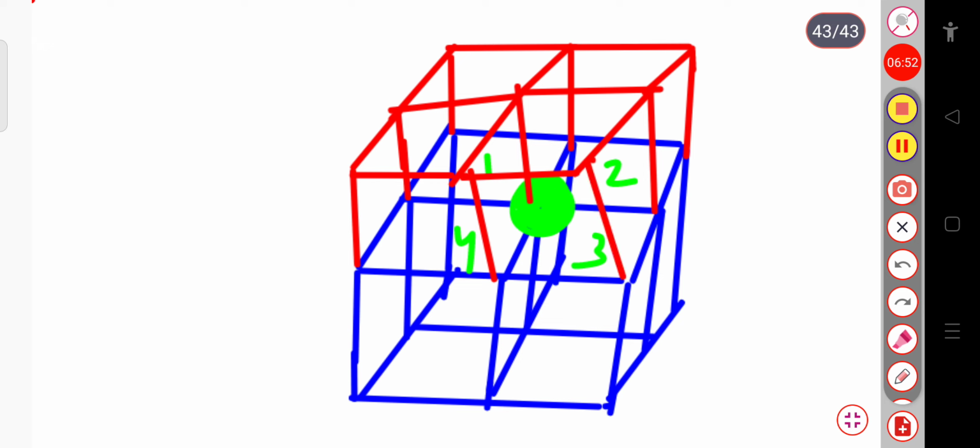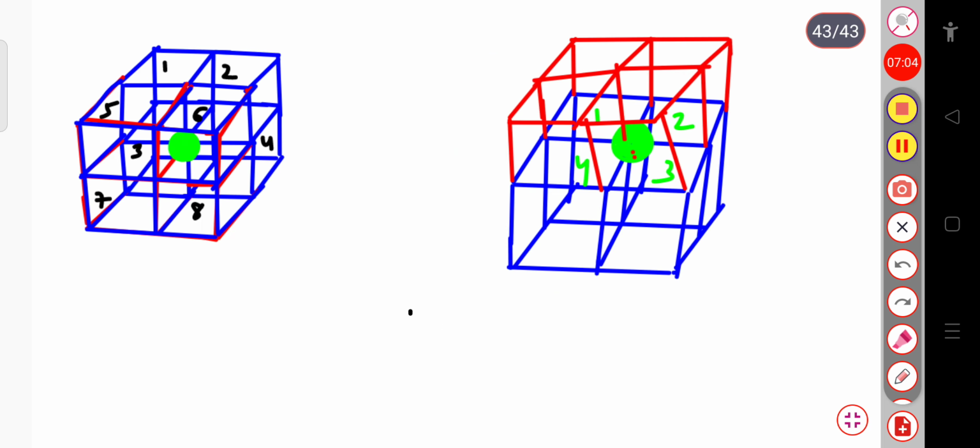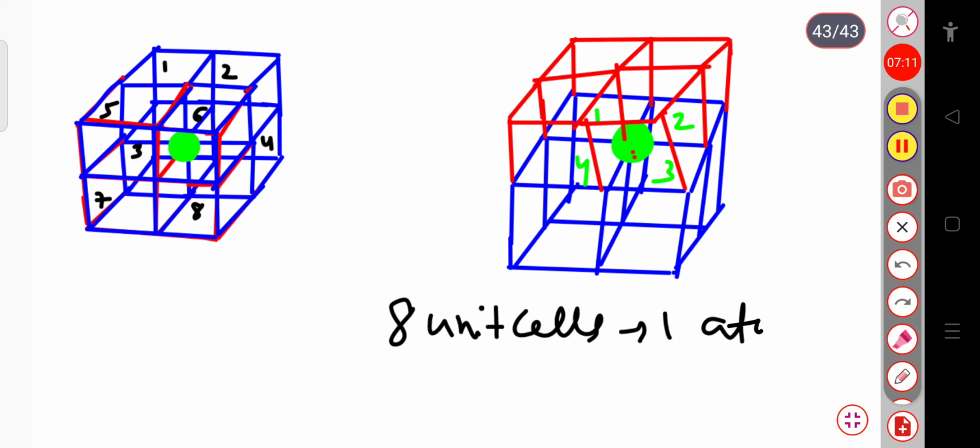Okay. Now we can say that this atom, this green one, is being shared by a total of 8 unit cells. Now we can write: in 8 unit cells, one atom is being shared.